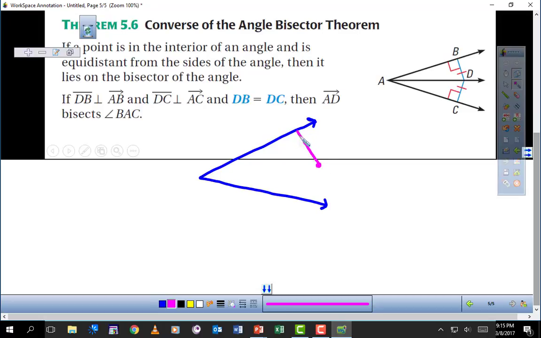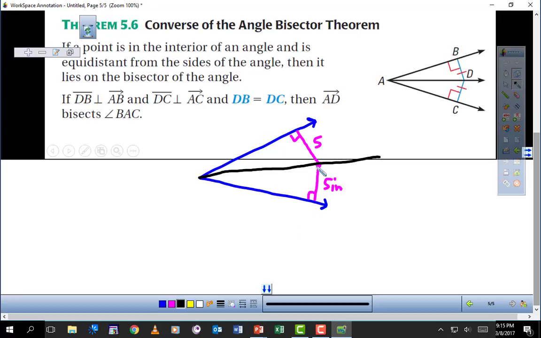Remember, it's got to make a right angle. And we measure the distance here. Now let's say you come along and say, hey, that's 5 inches. And this is 5 inches. Well, the only way that happens is if this line here is the angle bisector. You see?